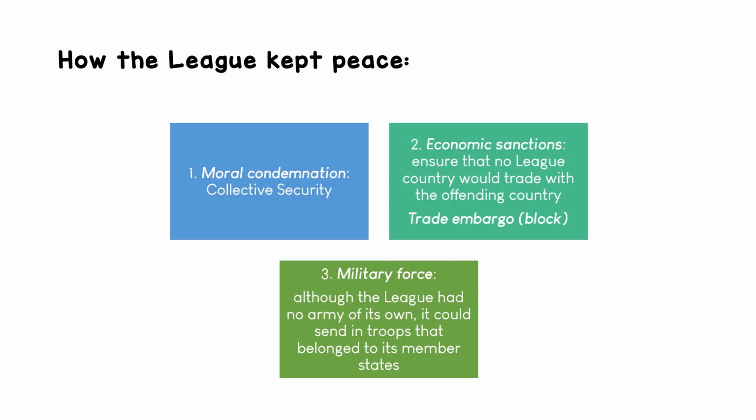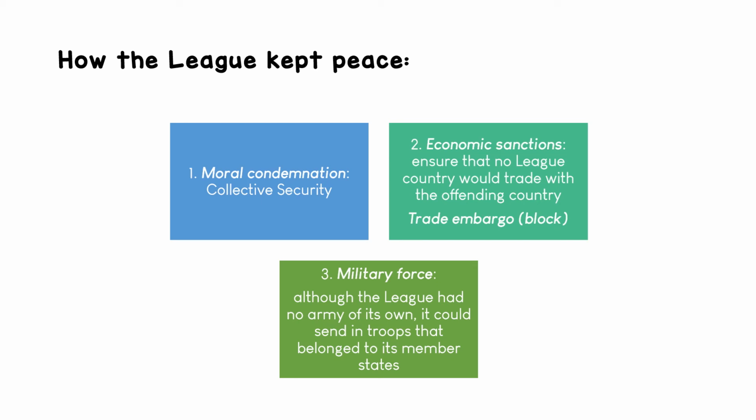And how did the League of Nations then exactly keep peace? The League of Nations had a protocol that it would follow in case a country threatened another country, in case there was a threat to world peace. So the first step would be moral condemnation.